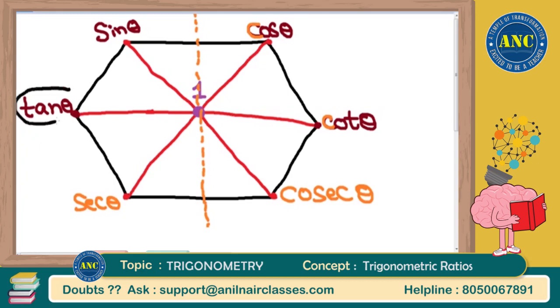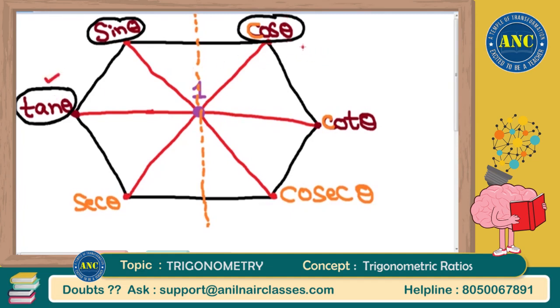If I start with tan and go in clockwise direction, tan, sine and cos. These are the three trigonometric functions I am taking.